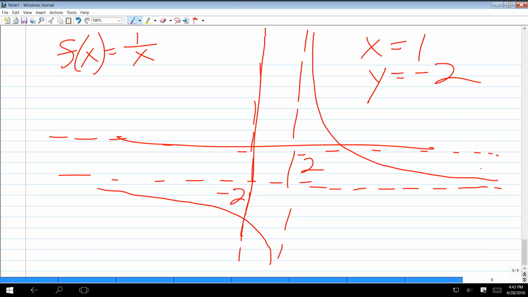And notice that as I go to infinity on the x-axis, my y value is approaching my horizontal asymptote, -2. And as I go to negative infinity on the x-axis, my y value is also approaching that same horizontal asymptote at -2.